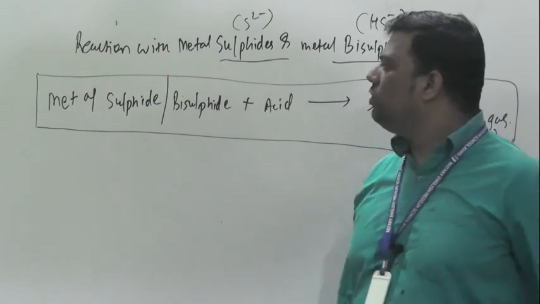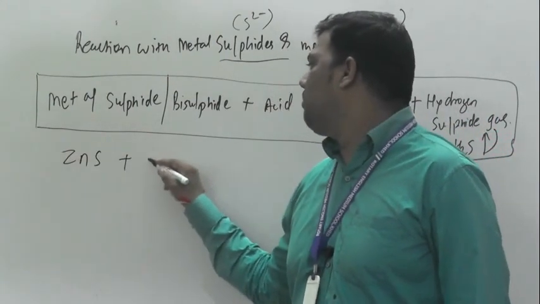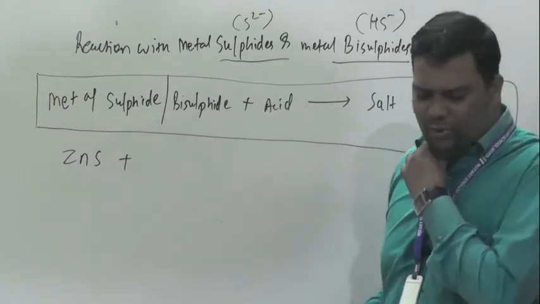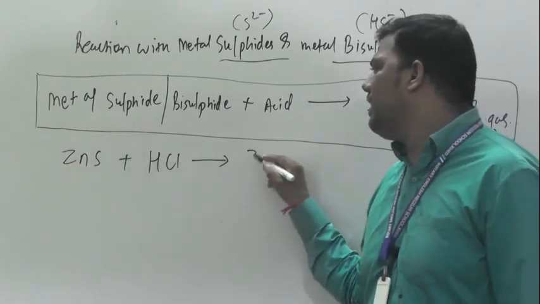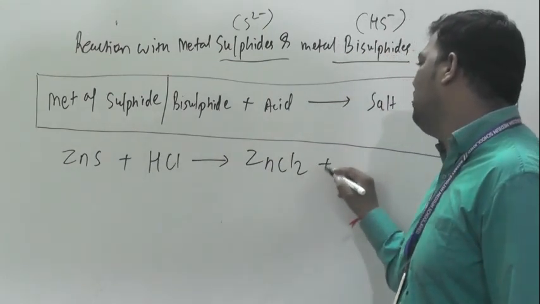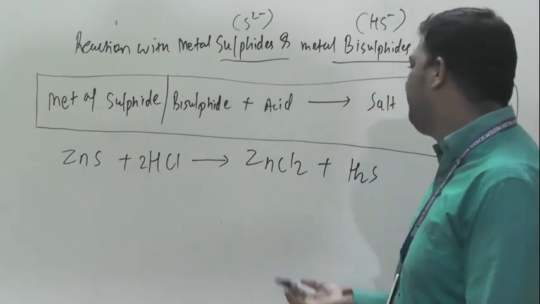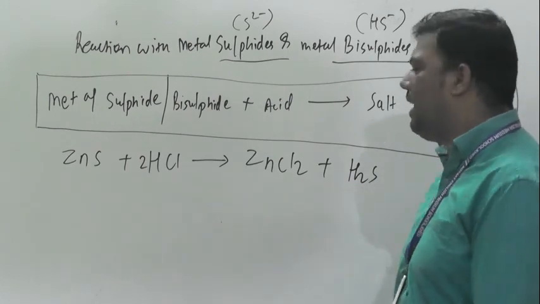See here, metal sulfides. ZnS plus HCl, what will you get? ZnCl2 plus H2S. For balancing, take 2: 2 hydrogen, 2 Cl, all others are balanced.